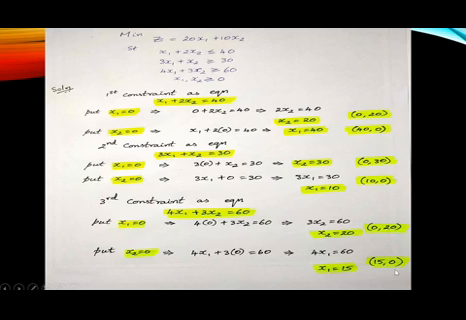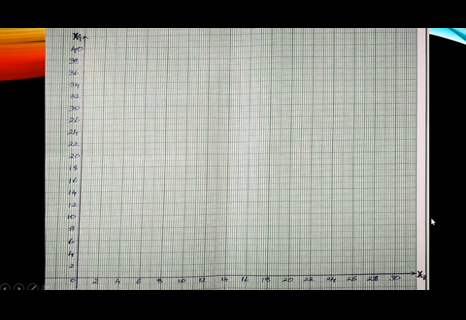Okay. Now coming to the plotting, as usual, I consider the x-axis and y-axis. In my case, I wanted up to 40, therefore I consider the y-axis as x1 and the x-axis as x2.